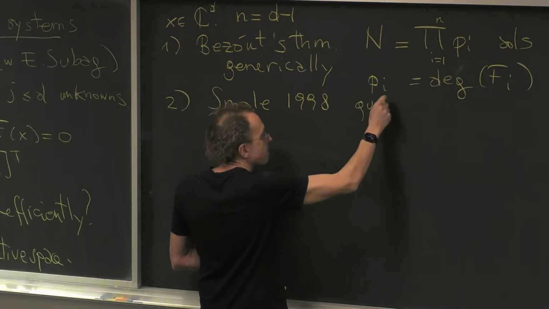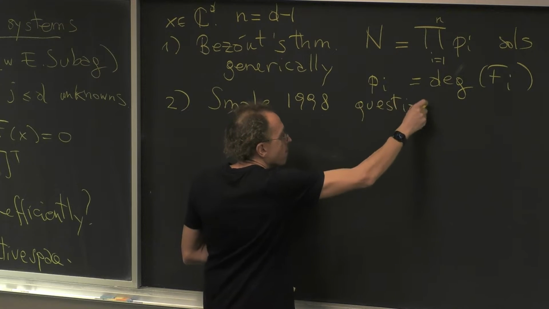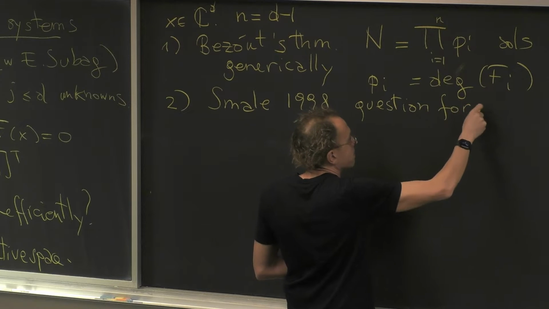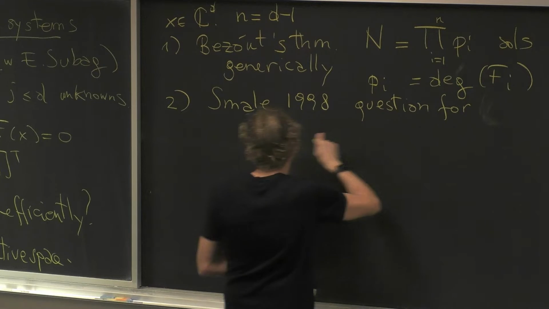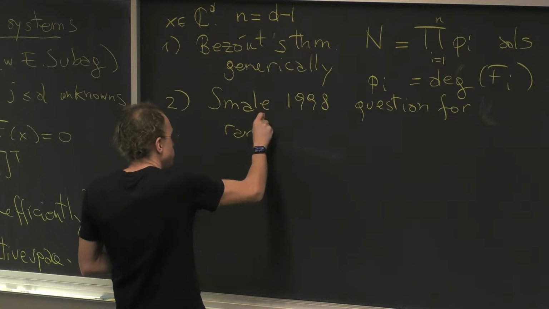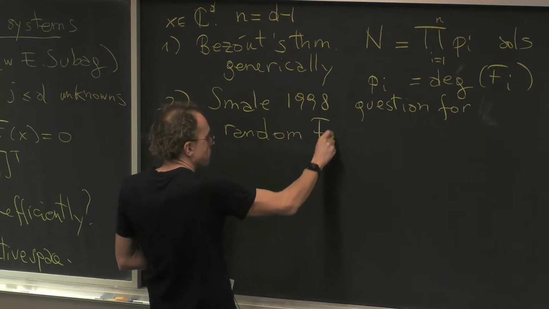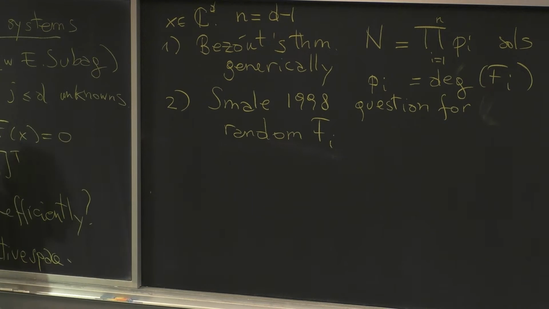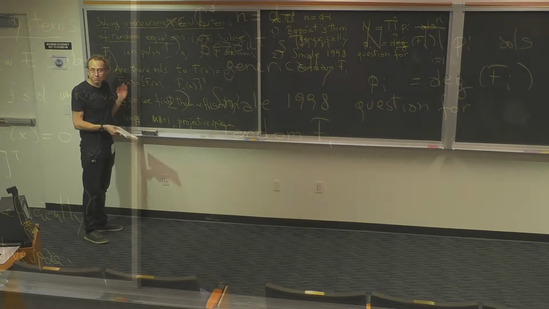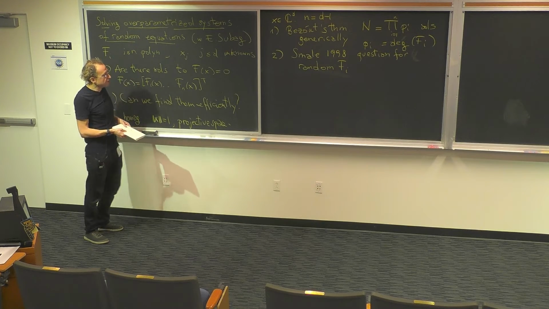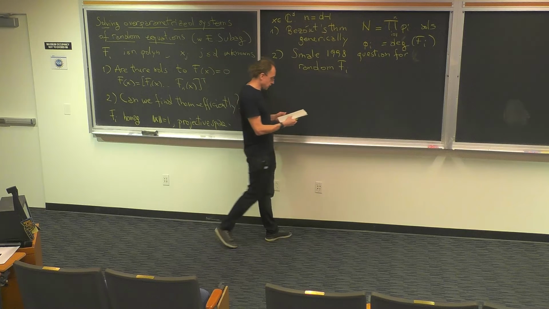Question two, for random fi. Of course, if you don't assume anything about fi, this problem can be NP-hard, but Smale asked what happens for random fi.